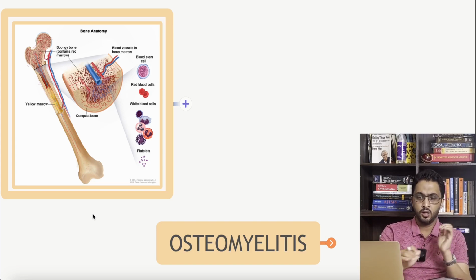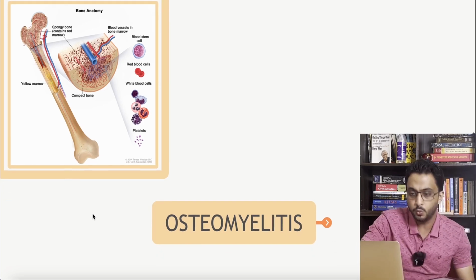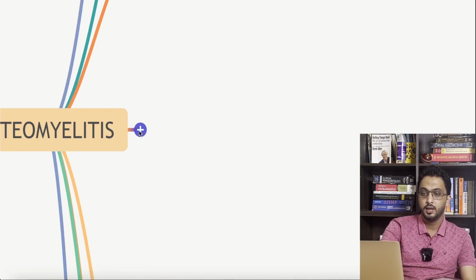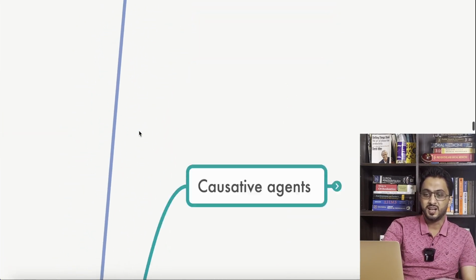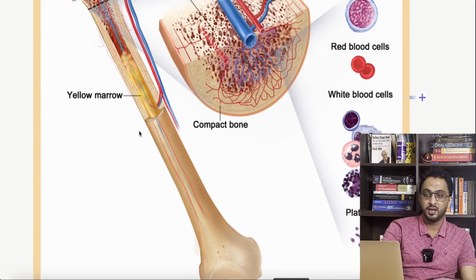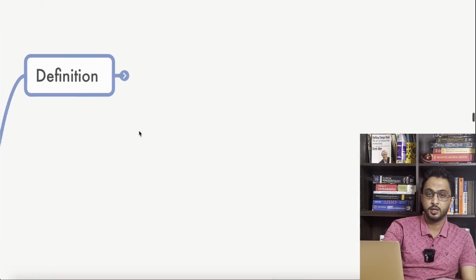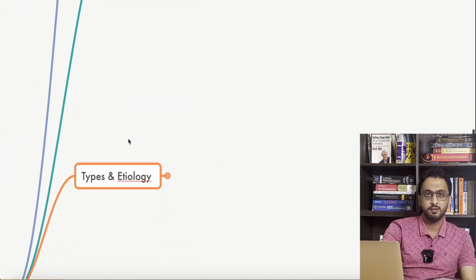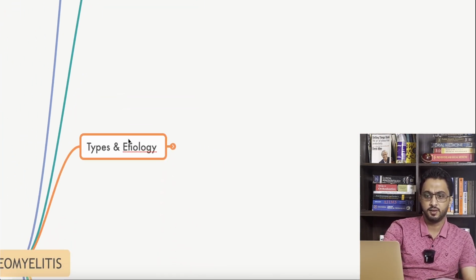Now, as for the methodology of discussion, as usual we'll start with the basic definition and understand the definition of osteomyelitis. Then we will understand the causative agent; understandably it's an infection.